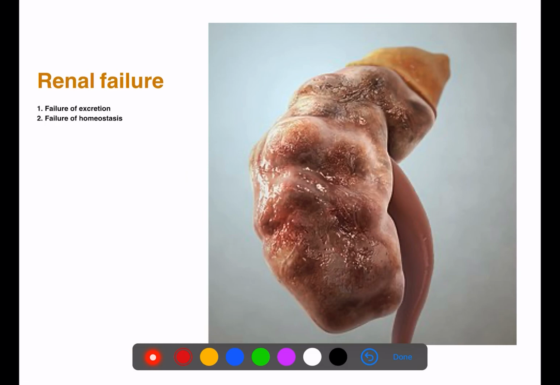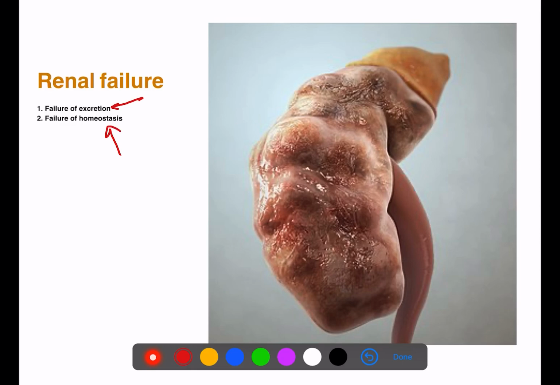This condition is very important. It leads to death if it becomes severe. Also, it is classified based on the type of failure: failure of the excretion function of the kidney, or failure of its homeostasis function.